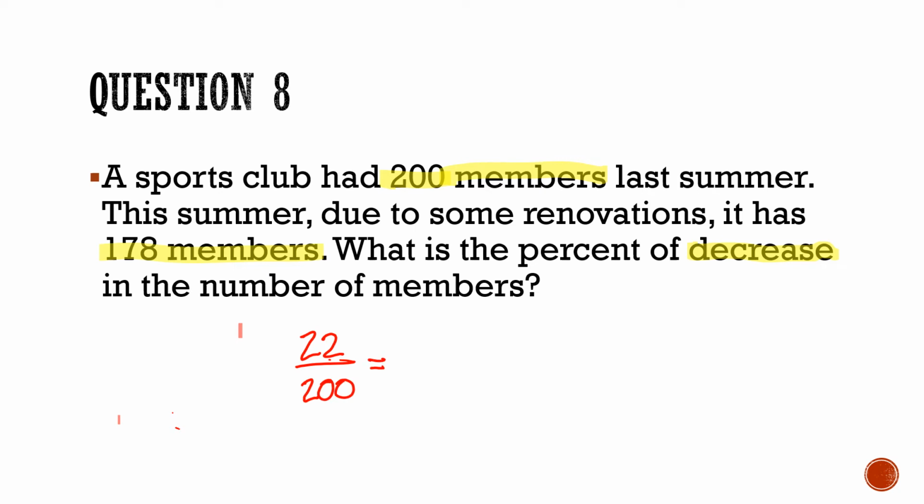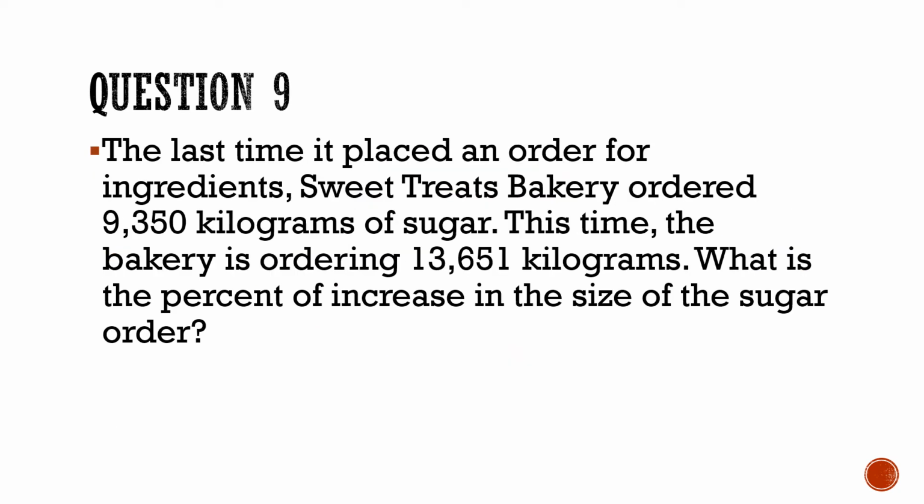So you would do 22 divided by 200, which is 0.11. And we're going to change that to a percentage by moving that decimal 2 places to the right, which is 11%. Therefore, it was an 11% decrease. Pause your video and try question 9.